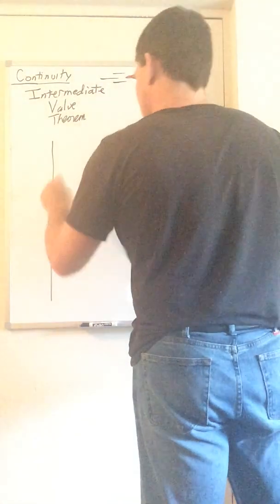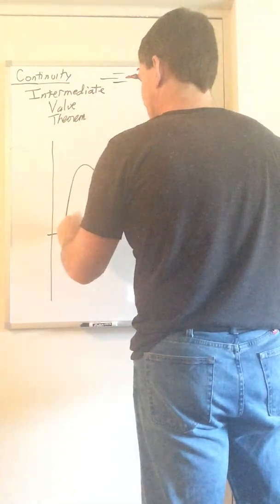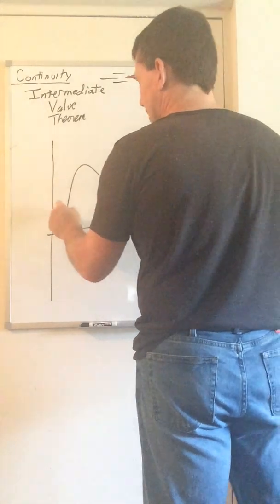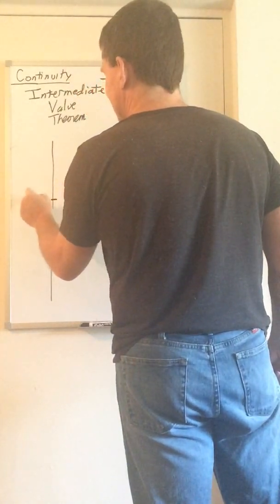And the idea is, really quickly, suppose I have some continuous function like that. Suppose that's A and that's B. Then we'll pretend I'm drawing more or less accurately.